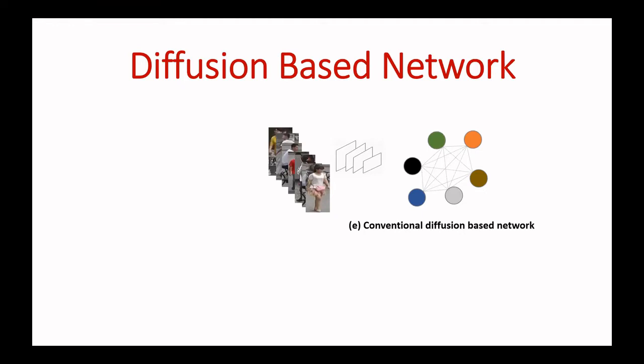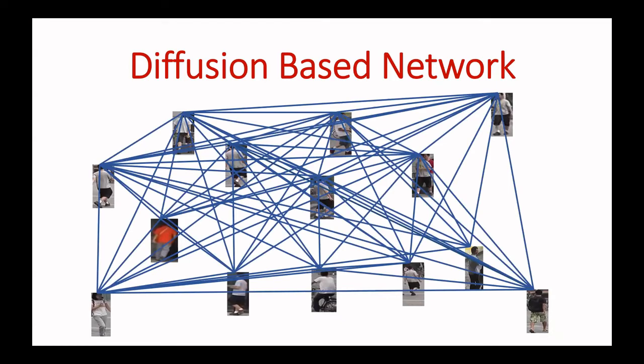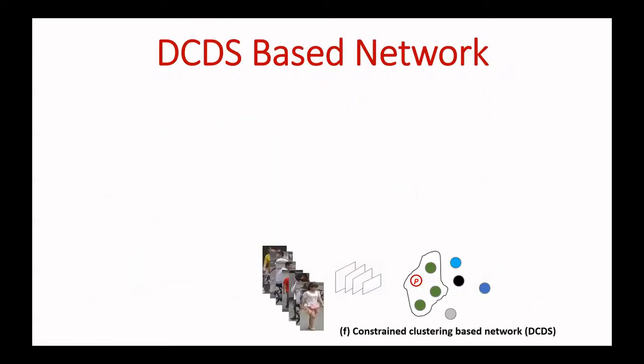That's called diffusion network. We'll have lots of these, and we'll make a graph. We'll connect each of the images to all other ones, and then we will cluster. Say this is our probe or query. We want to cluster similar images to this one, and then separate them.